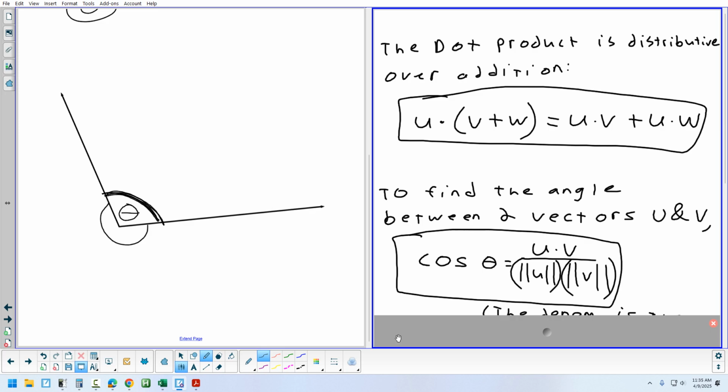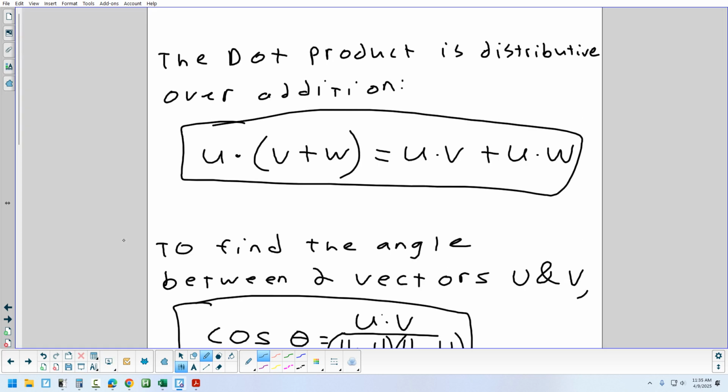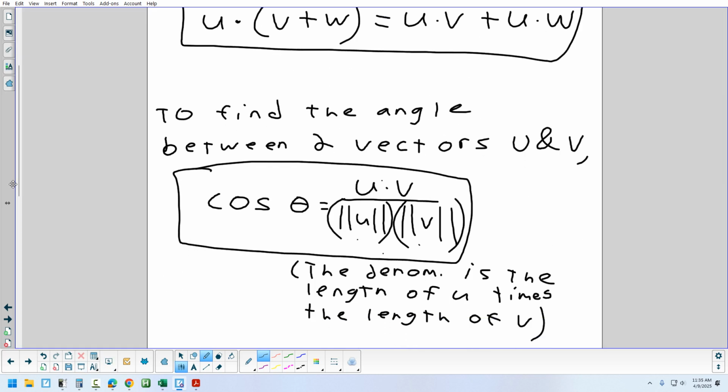If you have these 3 pieces of information, dot product and the product of the magnitudes, you can figure out the angle between your two vectors. So it's cosine theta equals dot product over the product of the magnitudes.